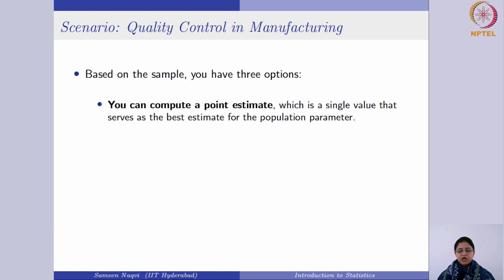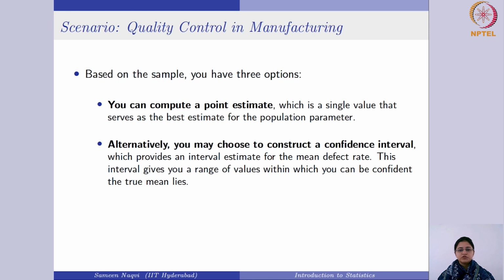Okay. Now, another option for you is that instead of giving a single value, you might think of giving a range of values. Or you can say that you are interested to give an interval within which the population parameter is going to lie with a certain degree of confidence. In such cases, we say that you may choose to construct a confidence interval, which provides an interval estimate for the mean defect rate.